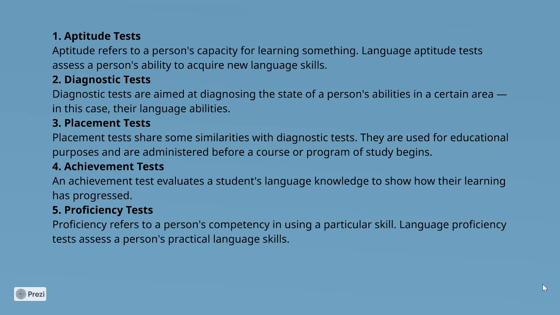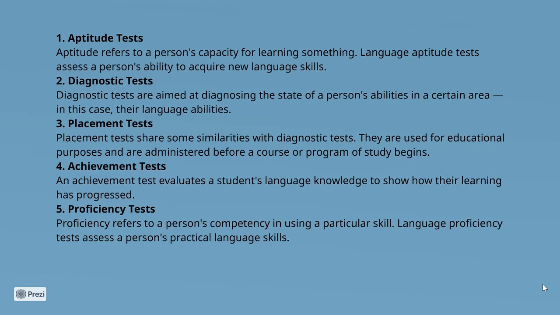Proficiency tests share some similarities with achievement tests, but rather than focusing on knowledge, proficiency tests focus on the practical application of that knowledge. Proficiency tests measure a language user's comprehension and production against a rating scale.